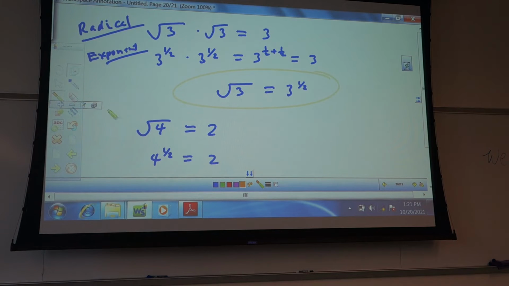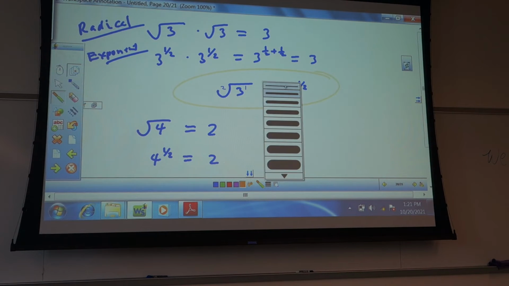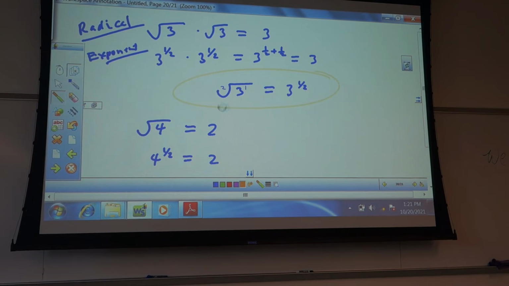So we have this invisible 2 here, and there's an invisible 1 there. That 1 goes on top. This number here goes on the bottom, the denominator, always.